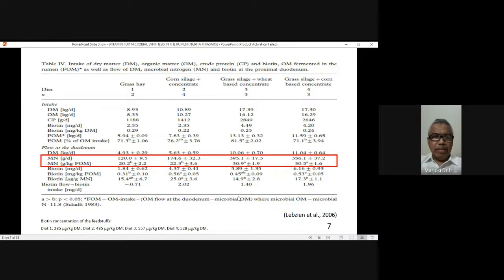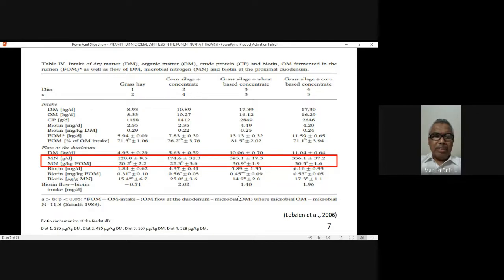We know that rumen microbes can synthesize B vitamin complex that is very important for microbial growth, supported by the availability of protein and carbohydrate and also branch-chain fatty acid, as you explained in some slides.